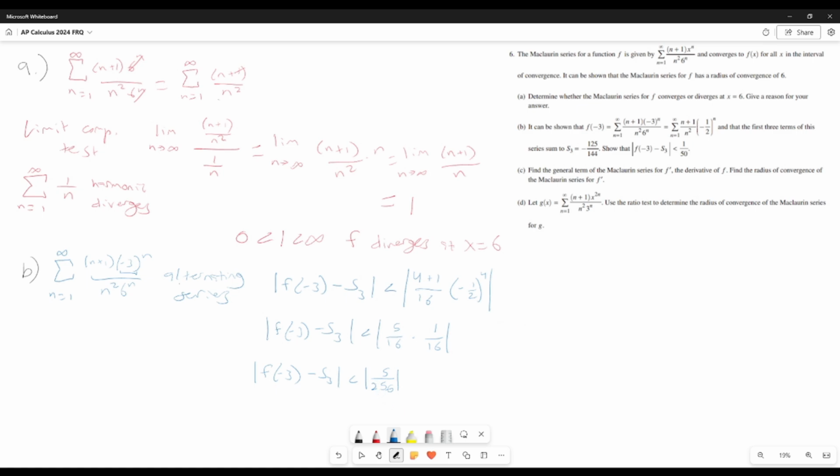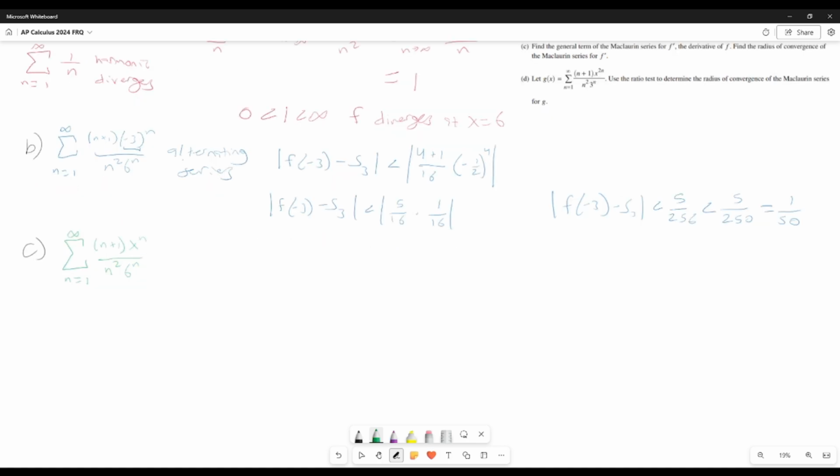And so we know that the remainder is less than 5 over 256, which is less than 5 over 250, which is equal to 1 over 50. So we know that the remainder is less than 1 over 50.